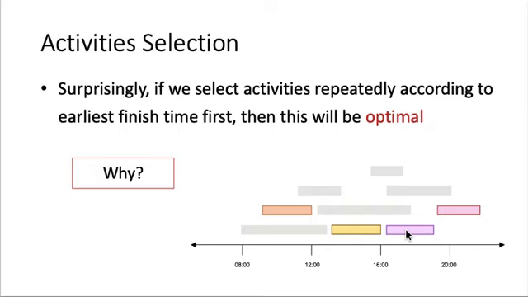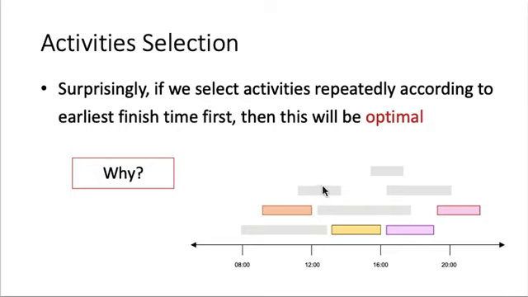Now finally, and surprisingly, if we select activities using our third type of greedy choice, earliest finish time first, then this will be optimal. So this was our first example. In our example, we will be selecting this orange one because it has the earliest finishing time.